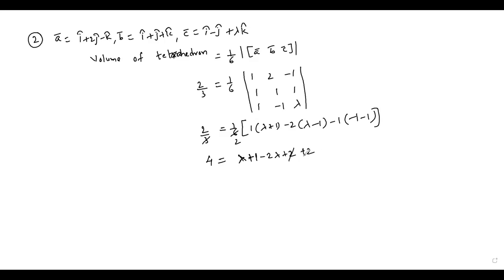Here again the plus 2 and 4, both sides cancel, 0 equals, now lambda minus 2 lambda. What is the lambda value here? Clearly the lambda value is 1, that is option A. A is the correct one, yes, lambda value is 1.